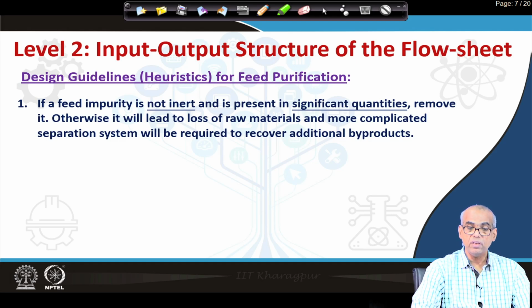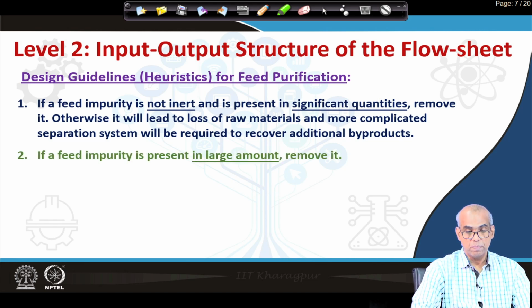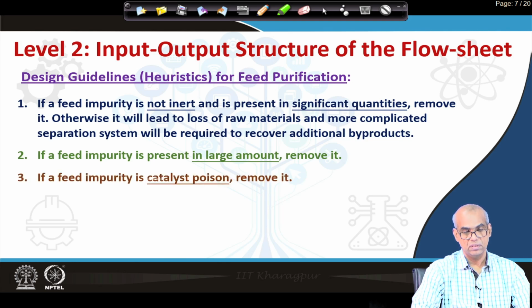If a feed impurity is not inert and is present in significant quantities, remove it. Otherwise, it will lead to loss of raw materials and a more complicated separation system will be required to recover additional byproducts. If a feed impurity is present in large amount, remove it.